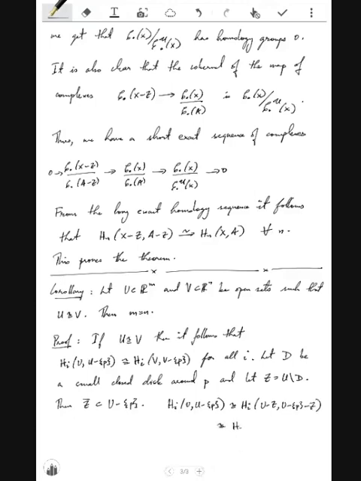This is isomorphic to H_i(D, D minus P). So let us compute H_i(D, D minus P).